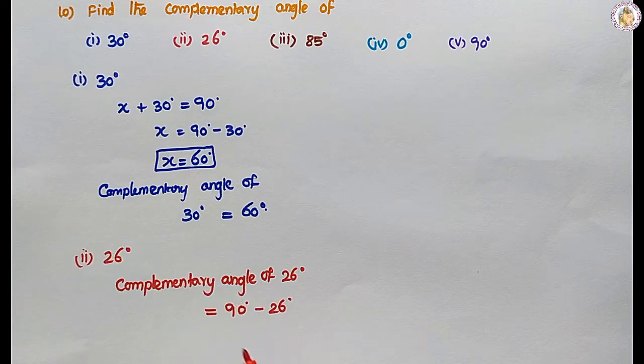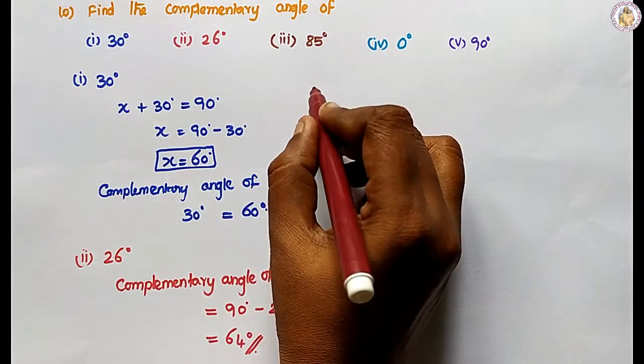Complementary angle, we have to find out complementary angle means subtract from 90 means we get the answer. So 90 minus 26, that is 64 degree. That is the answer. The complementary angle of 26 degree is 64.